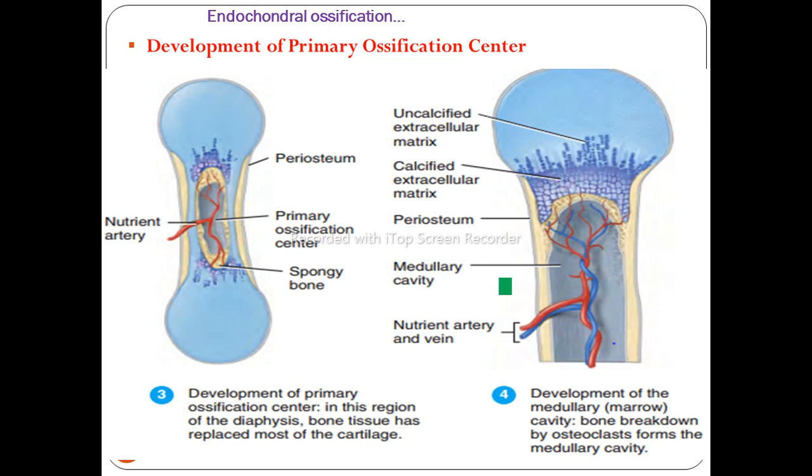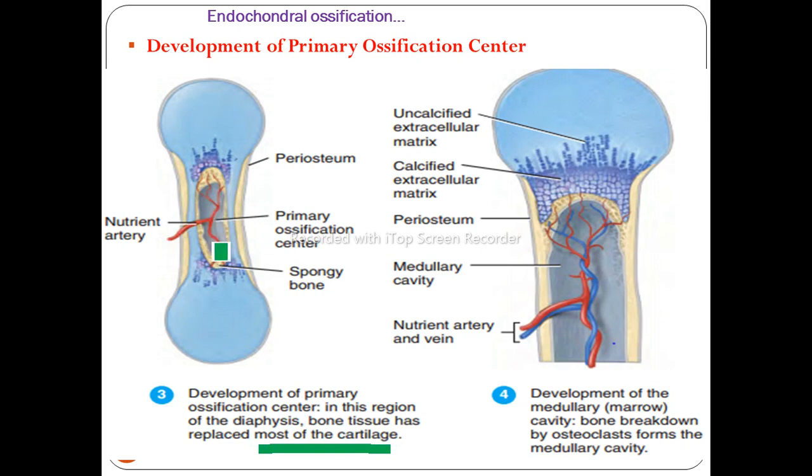So the third step is development of the primary ossification center. This is very important. In this region of the diaphysis, the bone tissue has replaced most of the cartilage. So in the middle area, the bone tissue, this white area, replaces the diaphysis region.